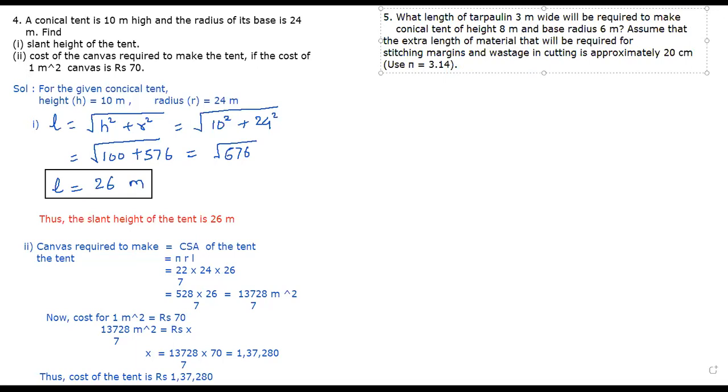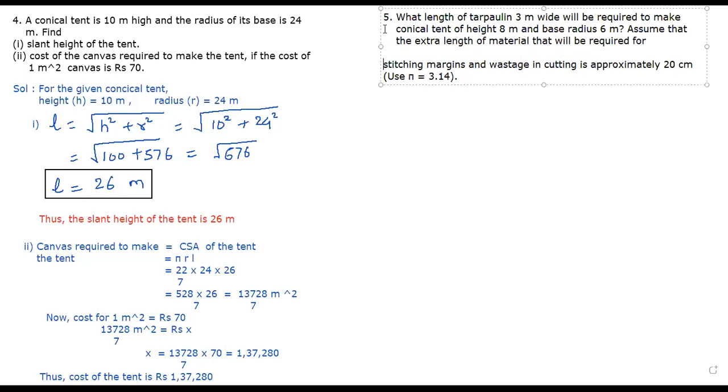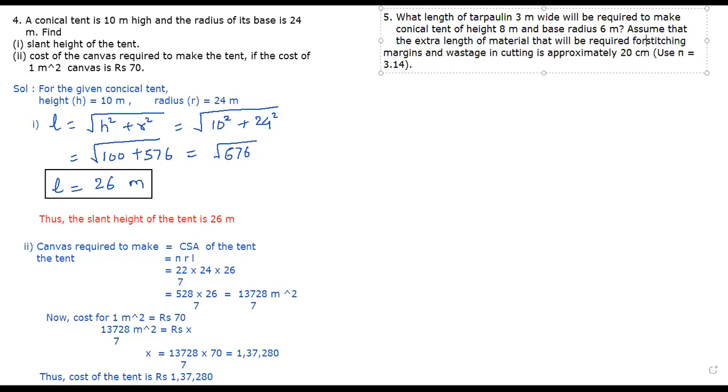Assume that the extra length of the material for stitching and margins is approximately 20 centimeters. This is what they are saying.